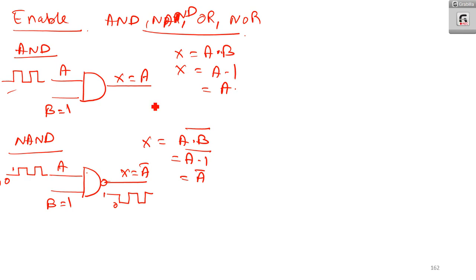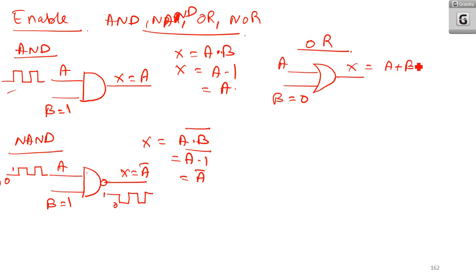So that is enabling. Now coming into enabling using OR logic. You have A and B is set to 0. When B is set to 0, what happens? You will get H is equal to A or B, and B is 0. What do we get? A or 0. What is A or 0?